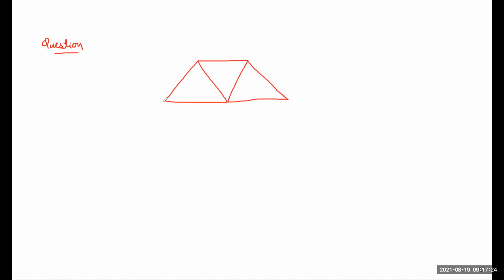Here we have a hinge support. On this end, we have a roller support. Here we have a roller support.